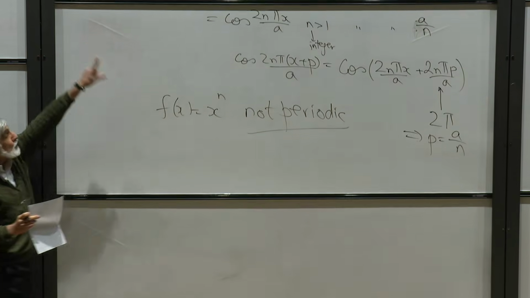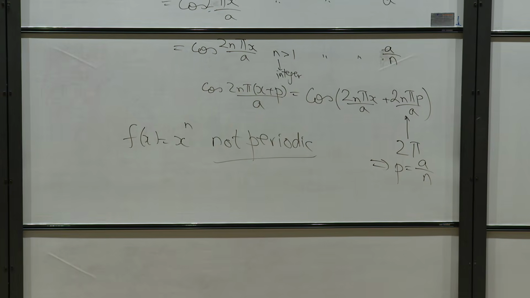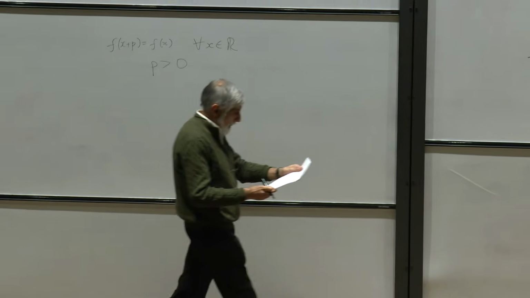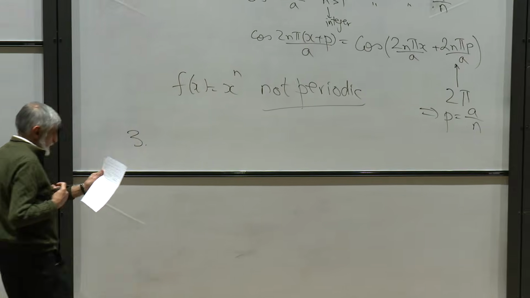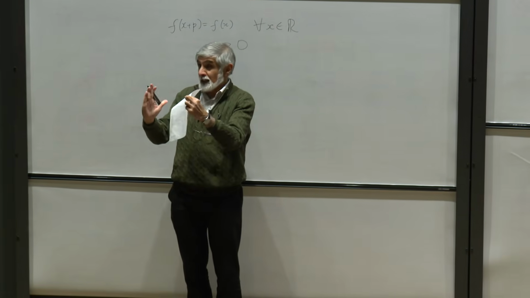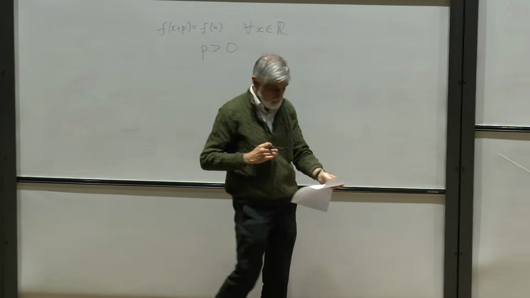So all along we've been talking about functions that have been defined for all x an element of the real line. So now we're going to talk about what happens if f is only defined on a subset of the real line.